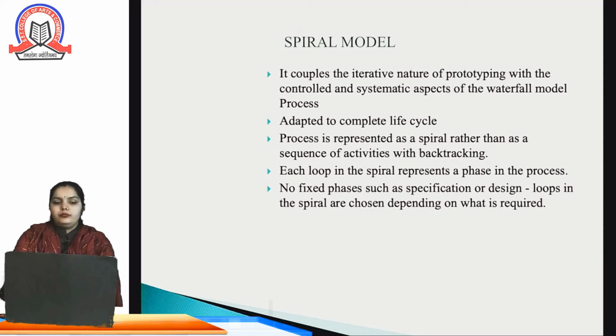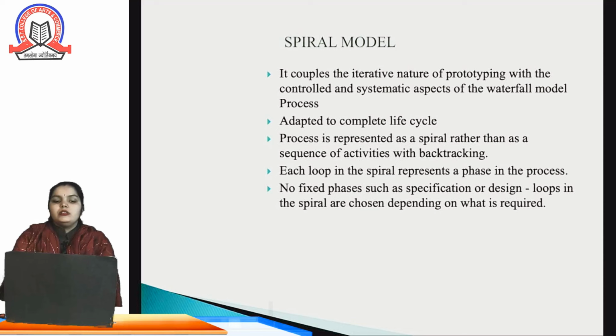It basically adapts the complete life cycles from these two models, and the process is represented as a spiral rather than as a sequence of activities with backtracking. So backtracking and iterative nature are there in the spiral model. Each loop in the spiral represents a phase in the process.